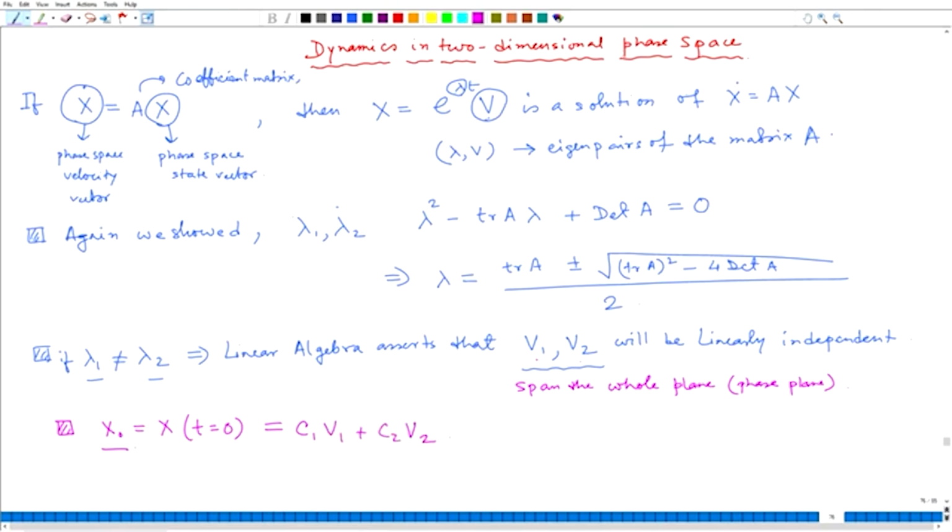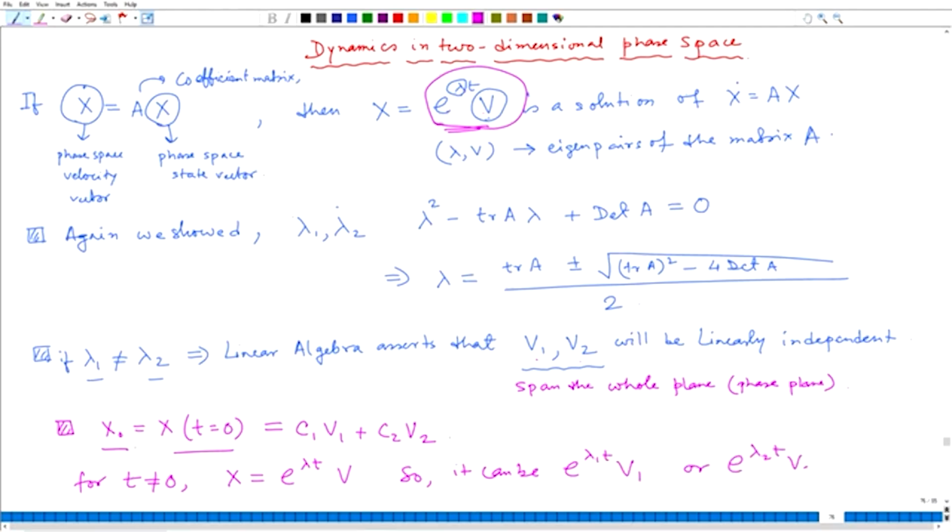And if we want a solution having the form of e to the power lambda t v, then for t not equal to 0, we have x equal to e to the power lambda t v. So, it can be e to the power lambda 1 t v 1 or e to the power lambda 2 t v 2.